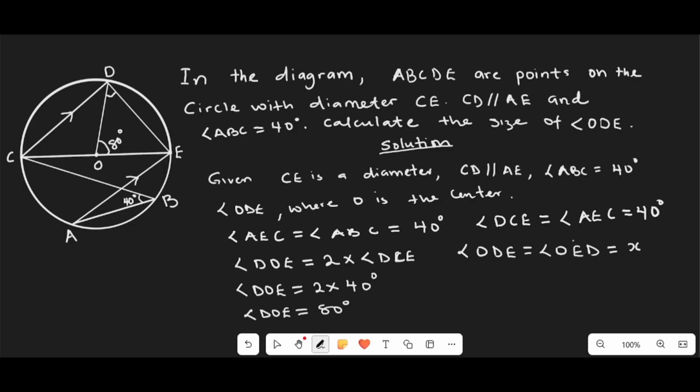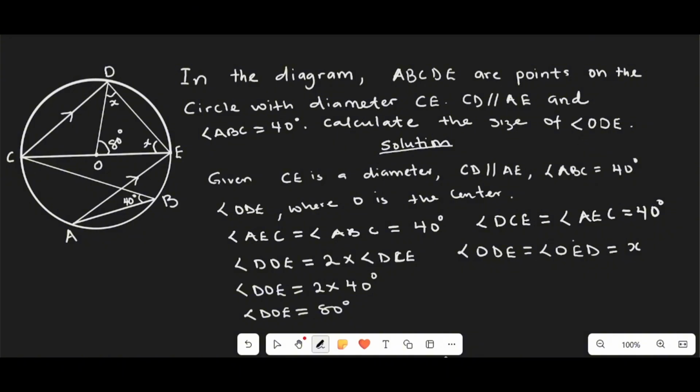This x, this x, and the algebraic sum of interior angles in a triangle is equal to 180 degrees.